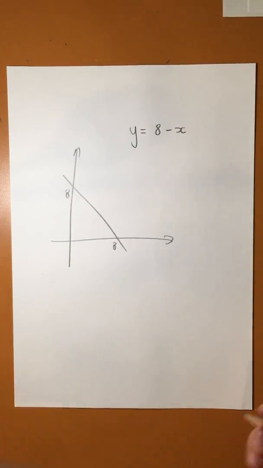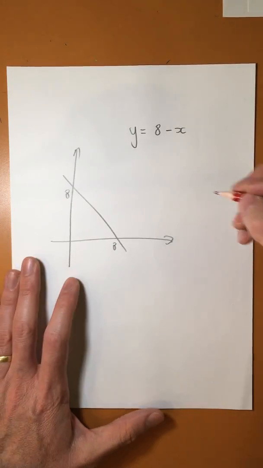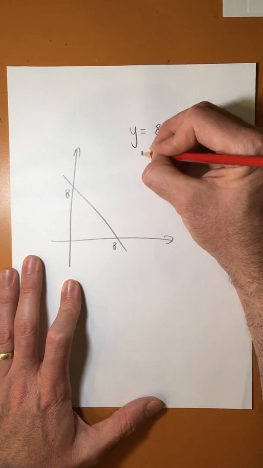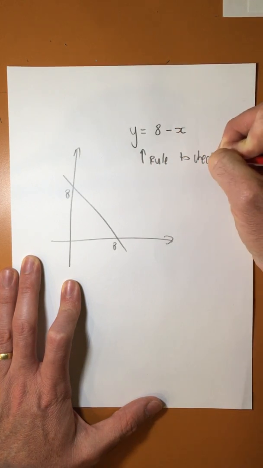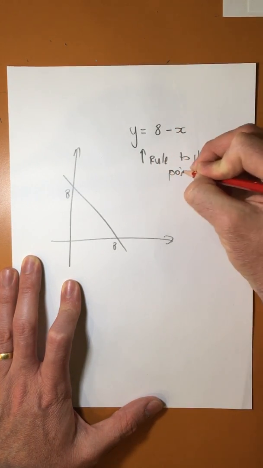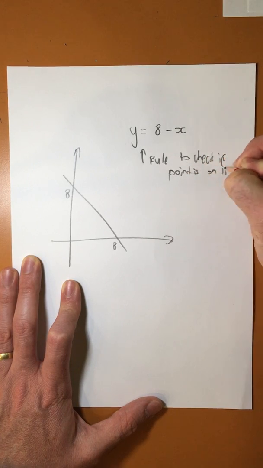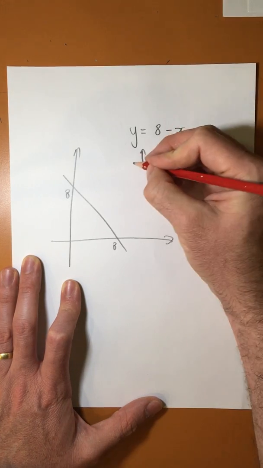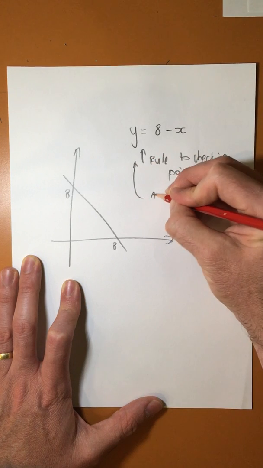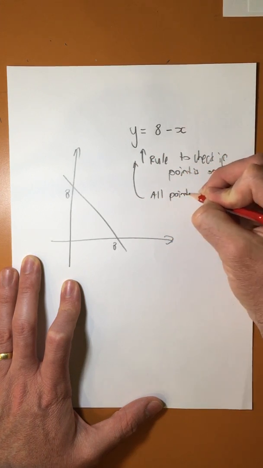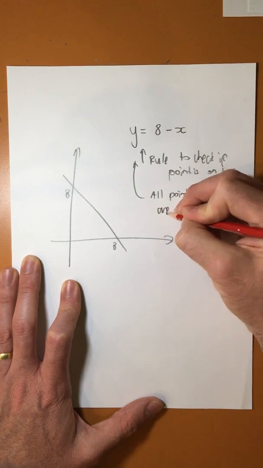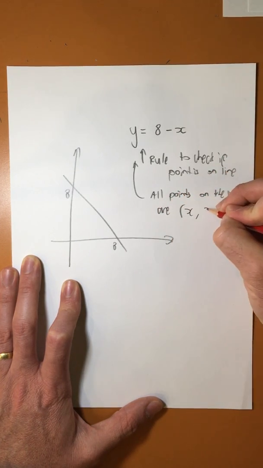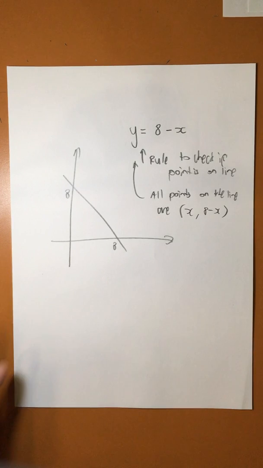And what that means is that this is simultaneously a rule to check if the point is on the line, and it also tells me that all the points on the line are (x, 8 minus x).